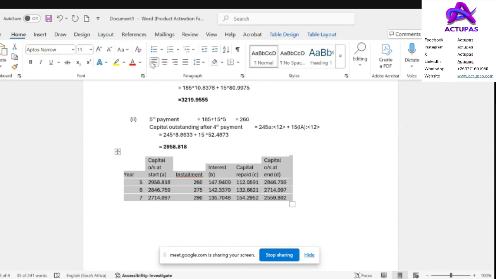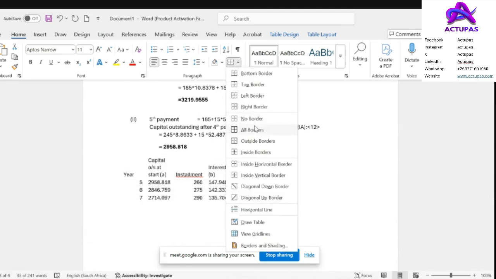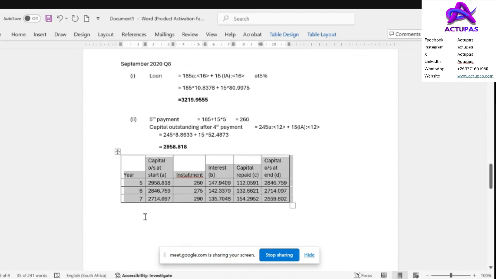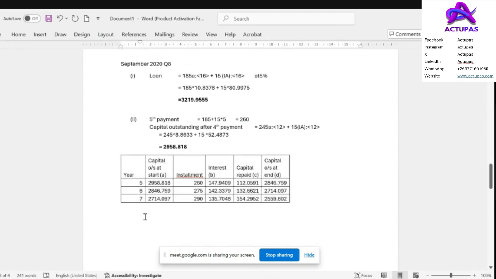So our loan schedule, we can put it like that. So below this, we can then just write to say interest is equal to your A by 5%. Then your capital repaid is equal to installment minus interest.